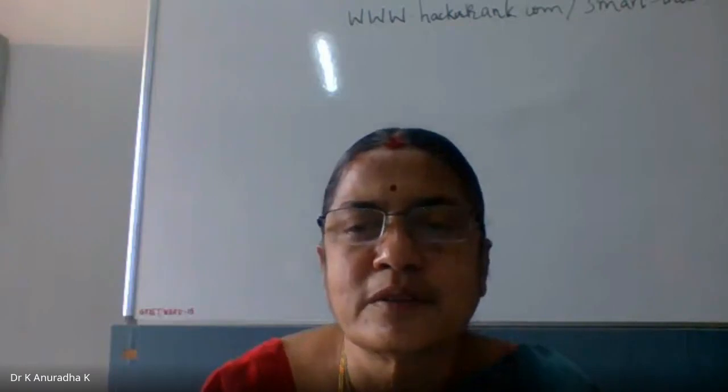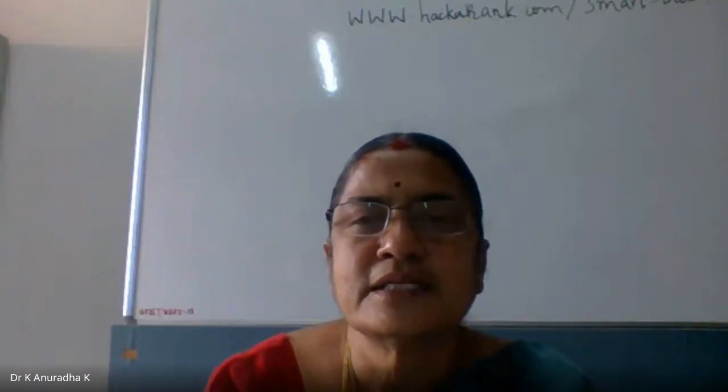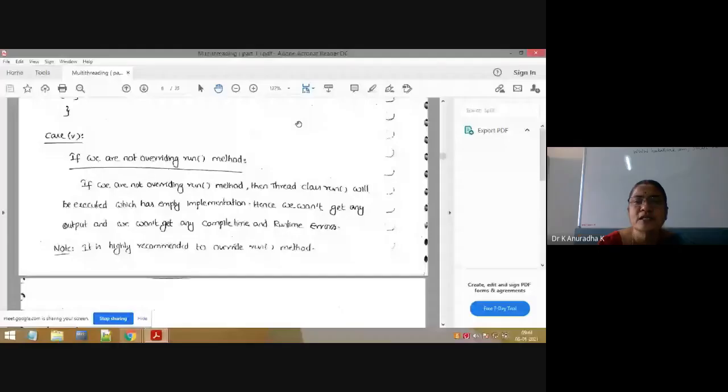The best example for multi-threading, I will explain like this. Suppose we have to calculate the sum of two numbers, product of two numbers, division of two numbers, and modulus of two numbers. Like that we have 4 or 5 arithmetic operators, no?